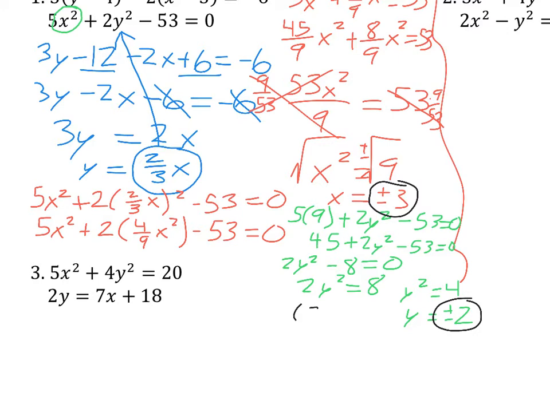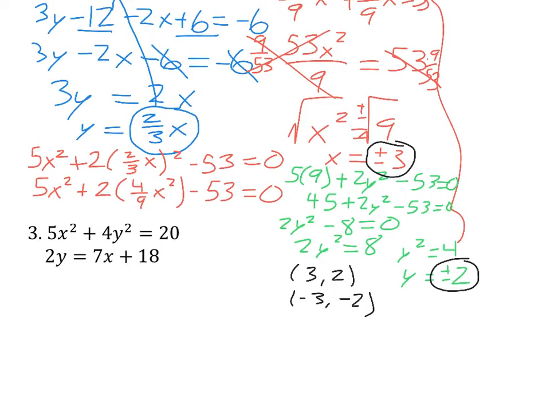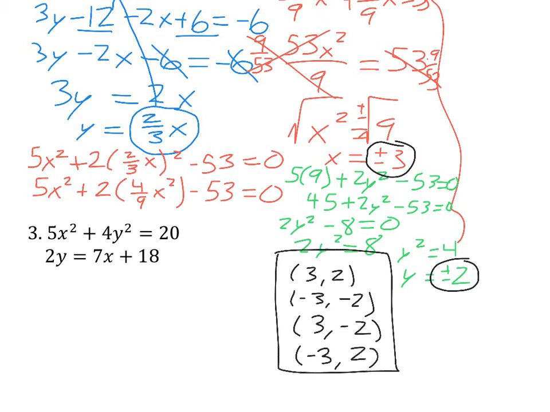They are 3 and 2, so both positive, or both negative, or also 1 positive, 1 negative. So let's keep the 3 positive and make the 2 negative. And now let's switch it, the 3 negative and the 2 positive. So we have 4 answers for number 1.